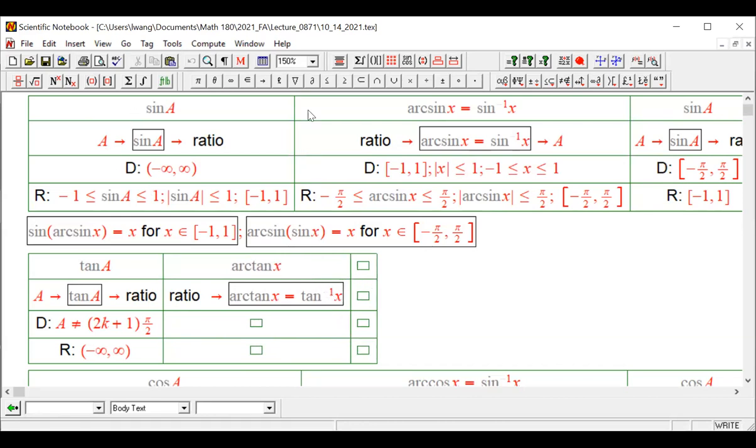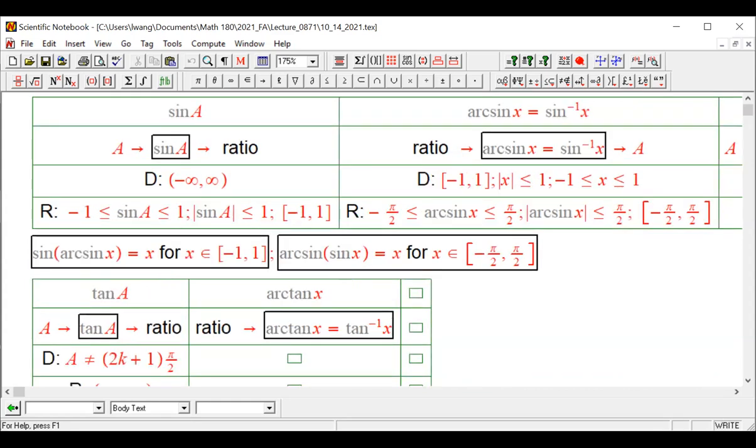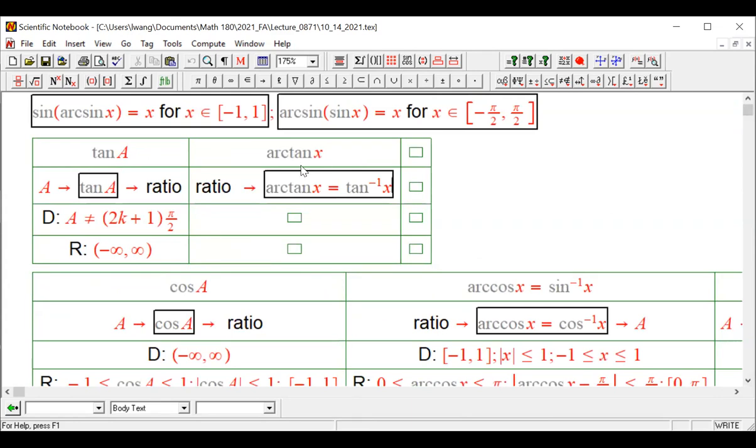There's a little negative sign there; sometimes it shows, sometimes it doesn't. With that said, it takes a ratio, but these two functions are not inverse to each other. This one does not have an inverse. This one has an inverse. Its inverse is tangent.